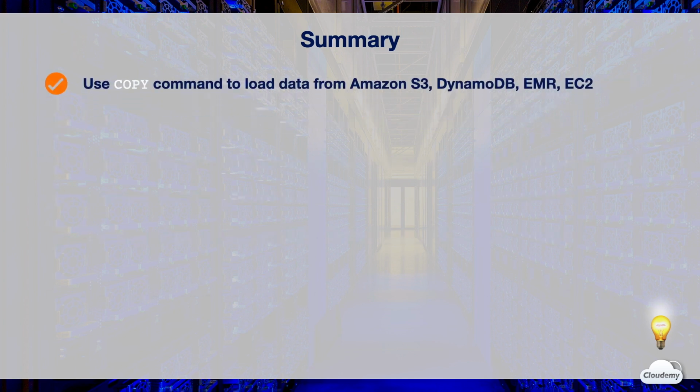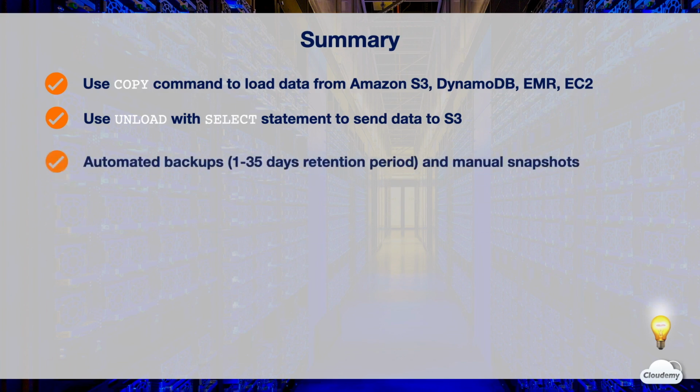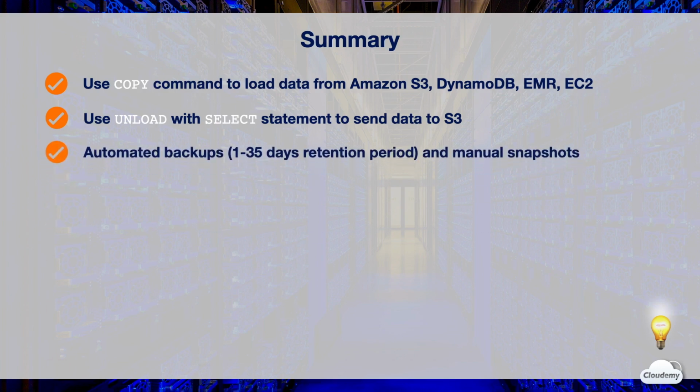Redshift provides commands that make it easy to move large amounts of data into Redshift from other data stores. You can use the copy command to load data from Amazon S3, DynamoDB, EMR, and remote hosts such as EC2 instances. To unload data from Redshift to a set of files in S3, you can use the unload command with a select statement. Redshift offers two backup options, automated snapshots and manual snapshots.